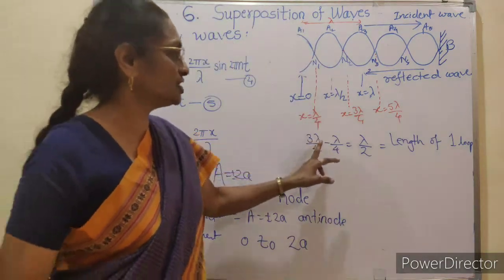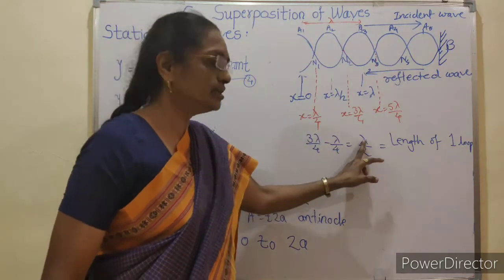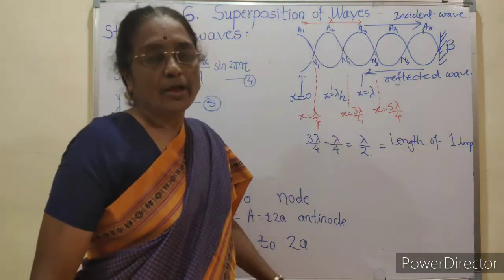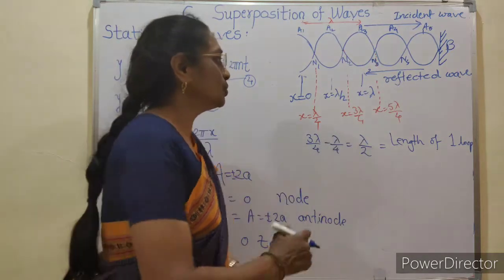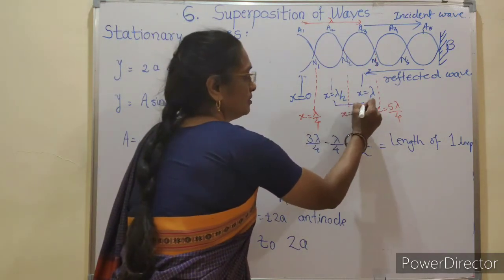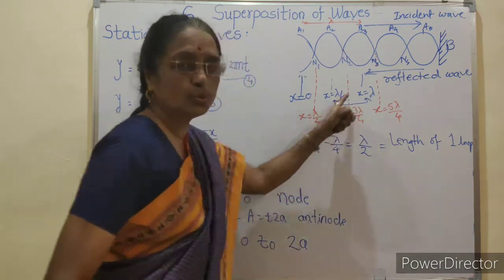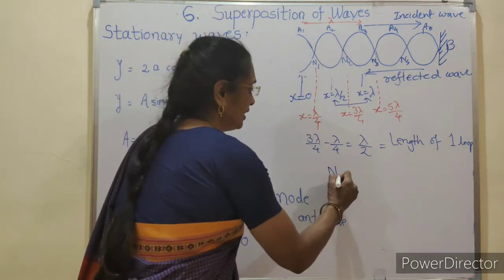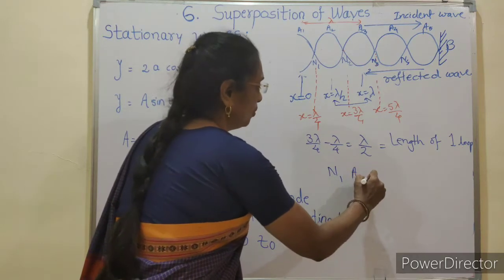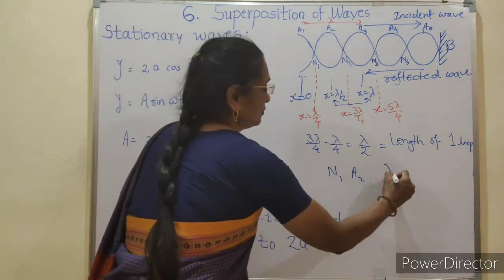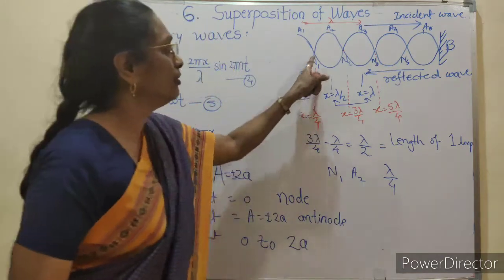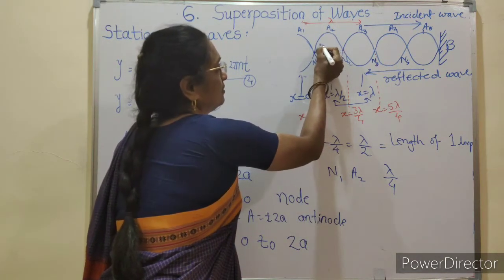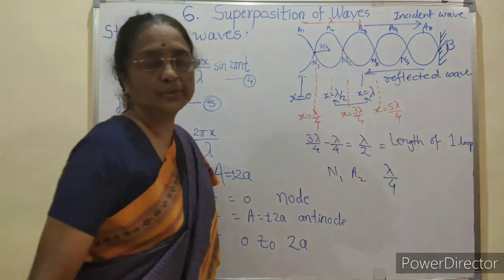The distance between two successive nodes is λ/2. Also, the distance between two successive antinodes is λ/2. And the distance between N1 and A2 is equal to λ/4.